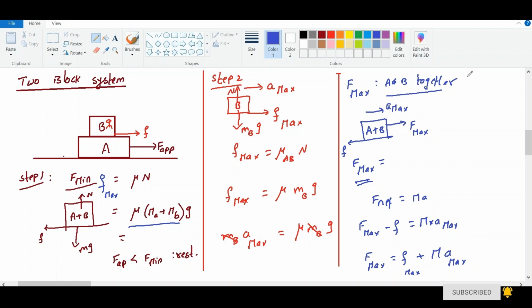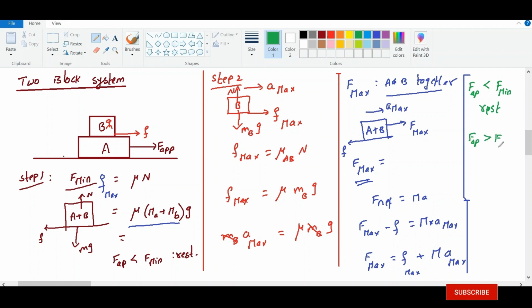Now what is the conclusion up to now? If the applied force is less than F minimum, then both the blocks will be at rest. If your applied force is greater than F maximum, then only A will move and B slips off.